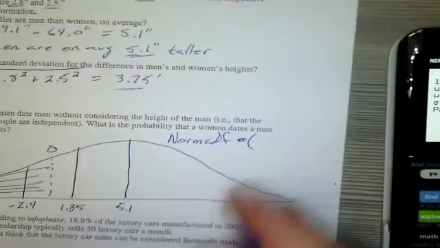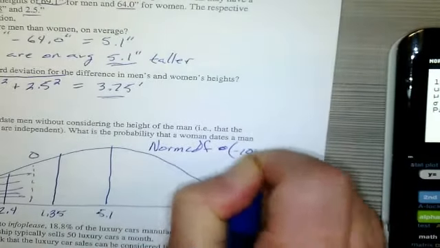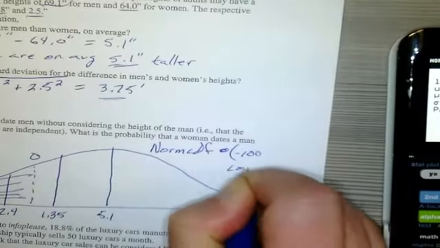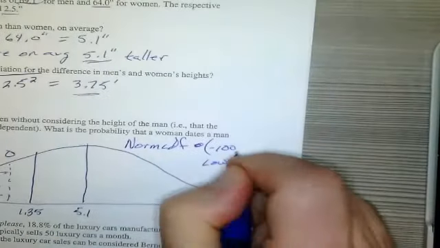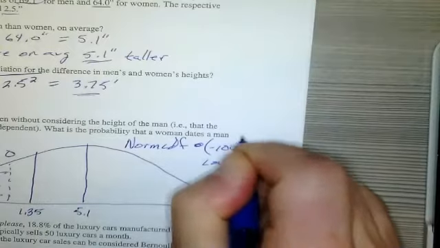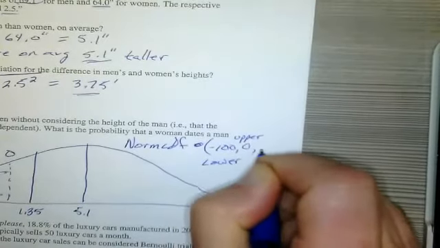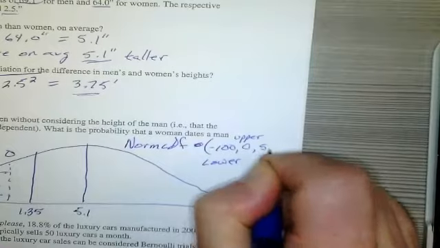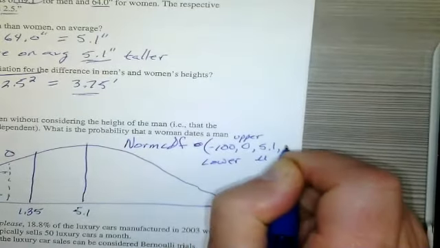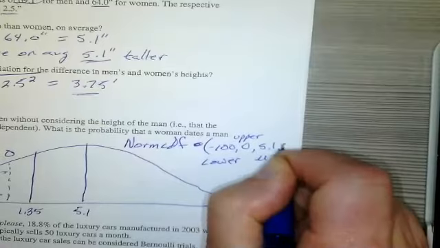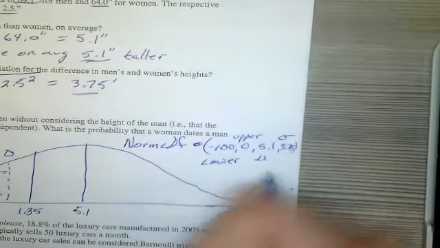Okay, so my lower value is going to be negative 100, comma. My upper value is going to be 0. My mean is 5.1. And my standard deviation is, what was it, 3.75. Sorry, I ran out of space there. That's my standard deviation.